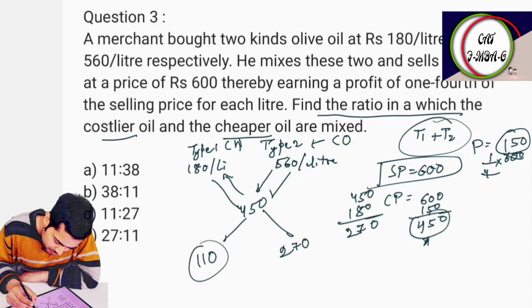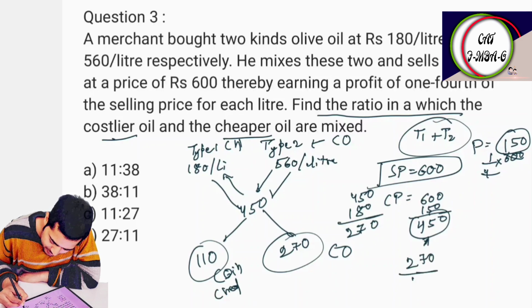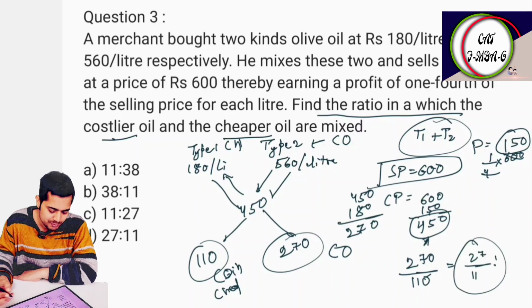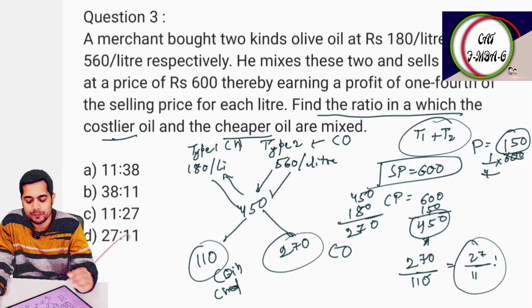So which ratio? Costlier oil to cheaper oil. This is costlier oil, this is cheaper oil. So it is going to be 270 by 110 is equal to 27 by 11. This is a very easy method, and you can see our answer is here, option is D.